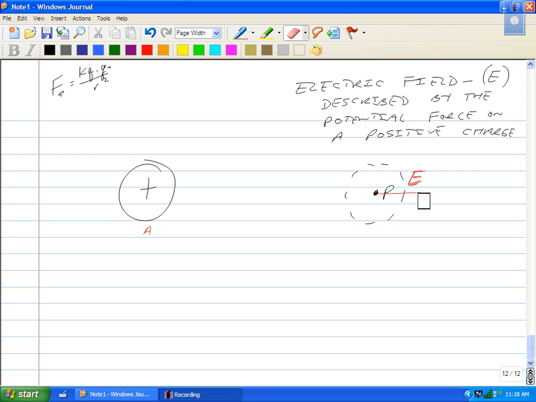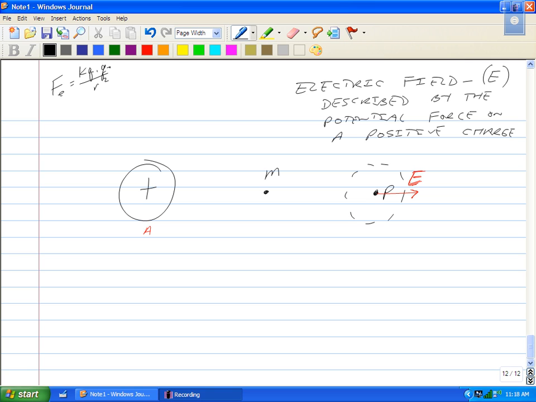Alright, let's pick a different point. M. What do you know about the field at point M? It's greater? Why is it greater? Good, because it's closer, and so if I plop a positive test charge down there, it's going to experience a force in which direction?